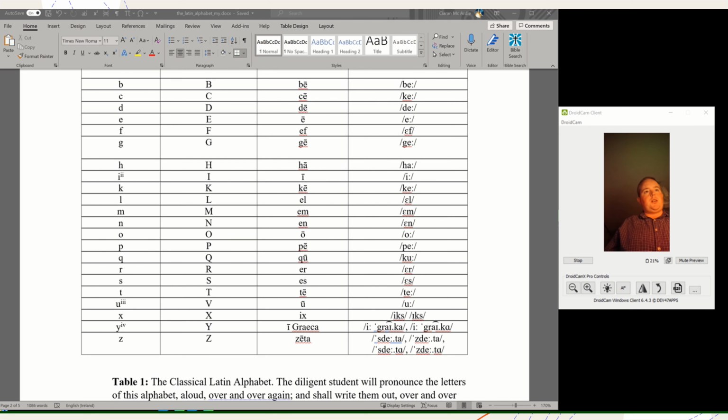and I cannot roll my R's, but the Romans called this littera canina, and littera canina means dog letter.